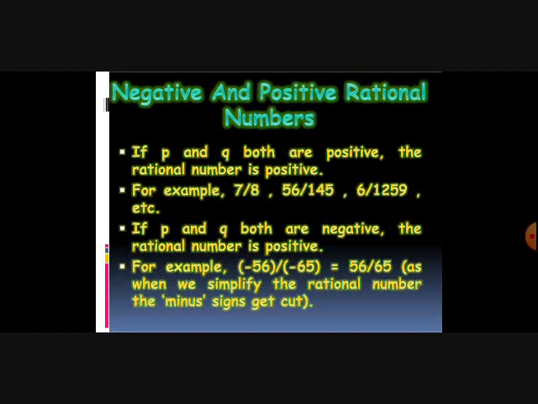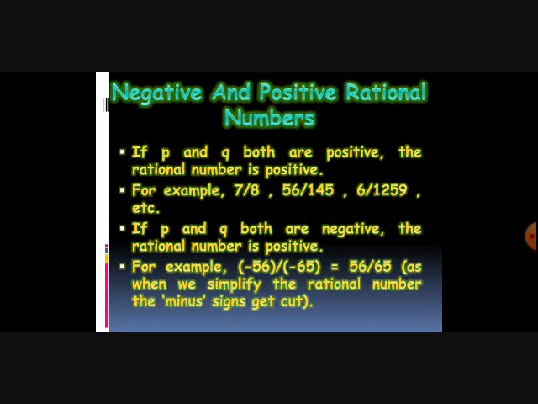Negative and positive rational numbers. Here the first point is, if both p and q are positive, the rational number is positive. For example, 7 by 8, 56 by 145, 6 by 1259, etc. If p and q both are negative, what will happen?